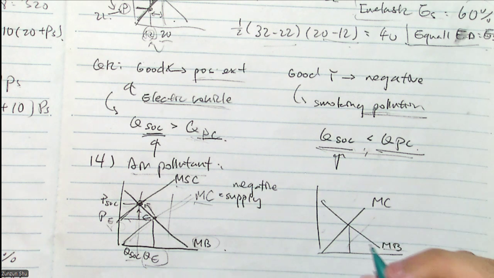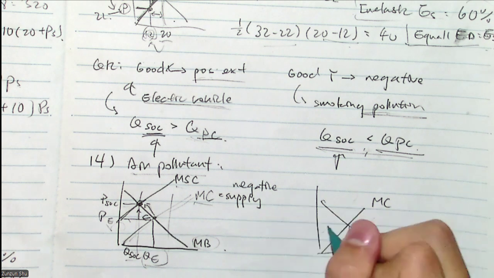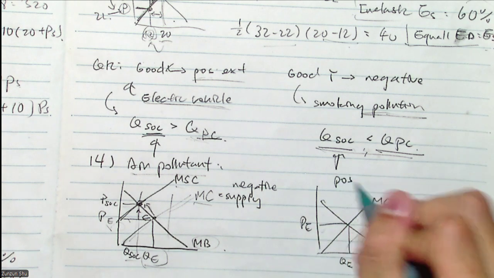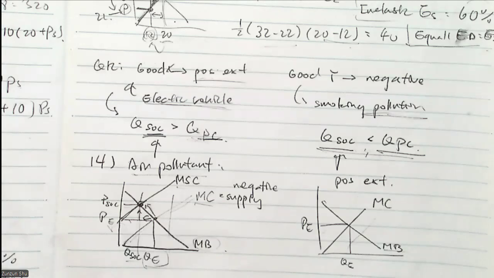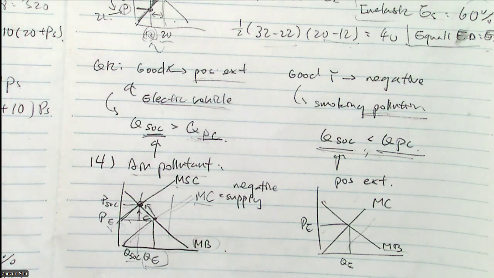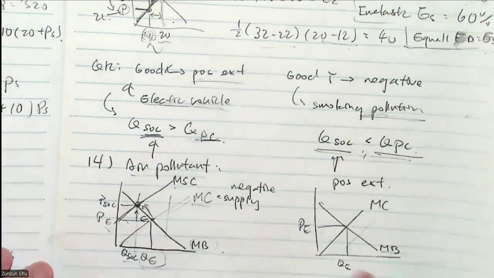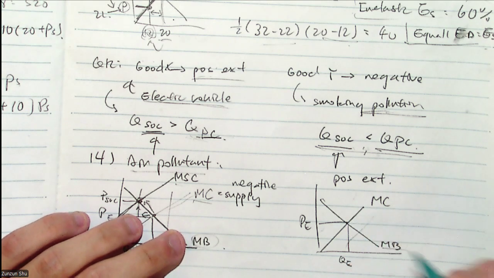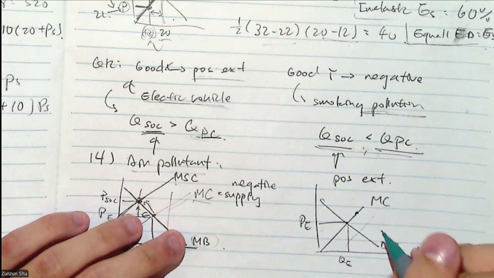So here we have the QE, and here is the PE. In a positive externality, would we want more or less of the good, society-wise? We want more of it, right? More electric vehicles, more trees, more plants, this and that. So that's going to cause us to move this up.